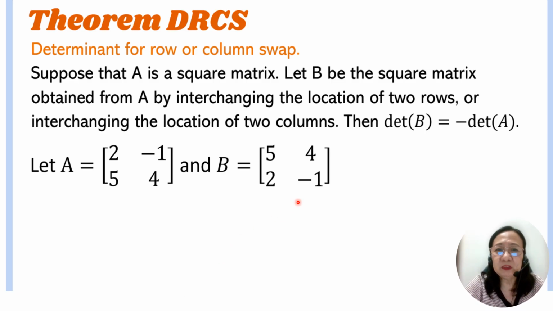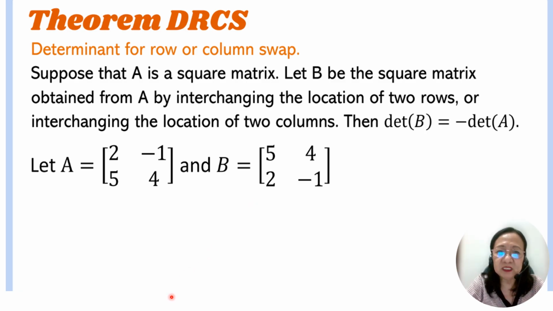But looking now at our determinant B, this is obtained by swapping the rows of our matrix A. So look at 2, negative 1 from the first row of the matrix A that is now located at the second row of our matrix B. Similarly, 5, 4 is located in the second row of the matrix A, is now written in the first row of our matrix B. So meaning to say, the rows are swapped. Okay, there is an interchanging of rows in our matrix A and matrix B.